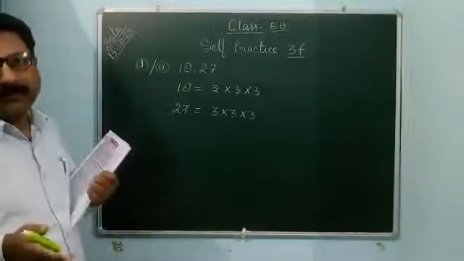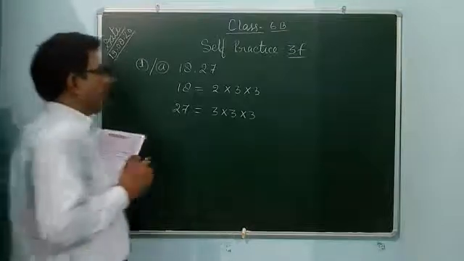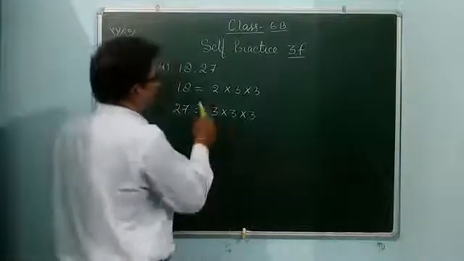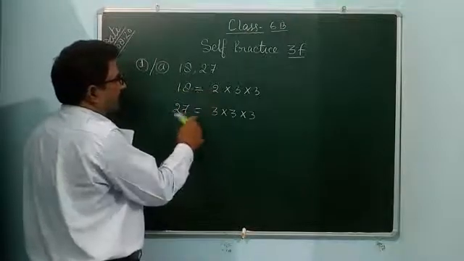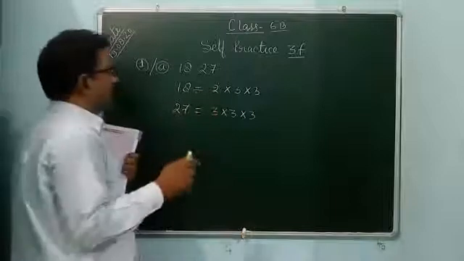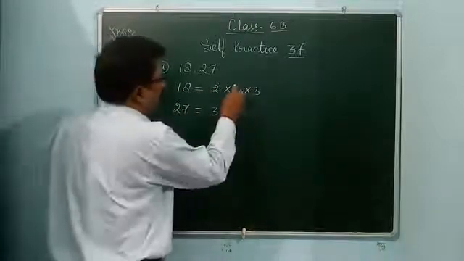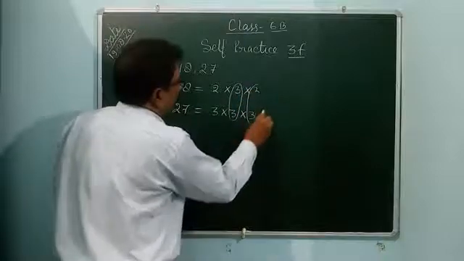After that, you find the common factor. You see 2 is in 18, but in 27 2 is not there, so 2 is not a common factor. But 3 is common.